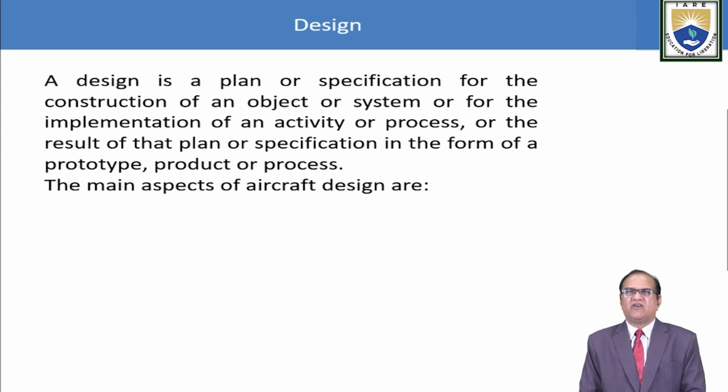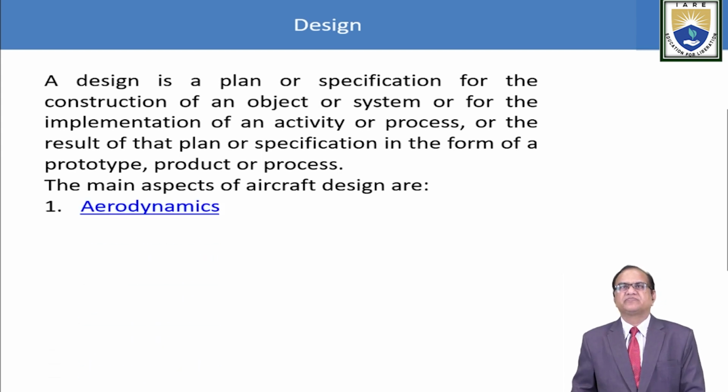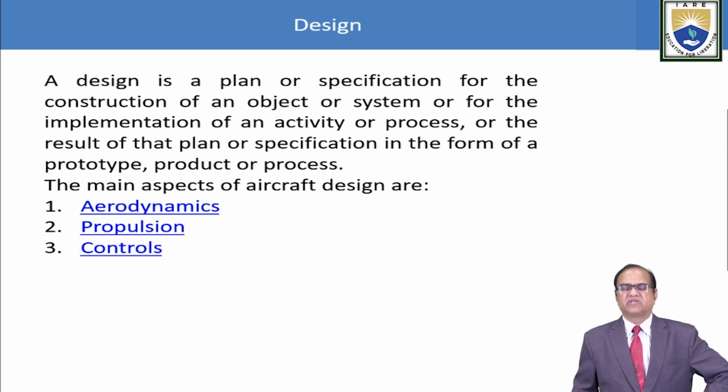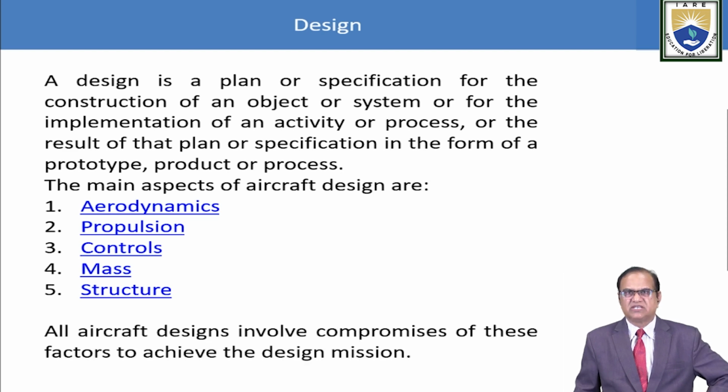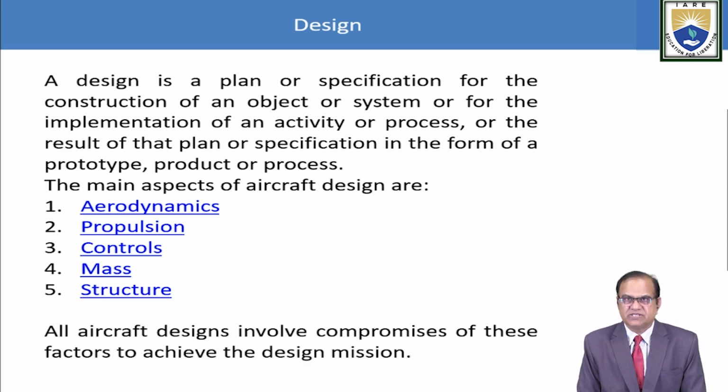The main aspects of aircraft design are aerodynamics, propulsion, controls, mass, and structures. These are the 5 items which we have to see as a designer in aeronautics. Aerodynamics is very important.